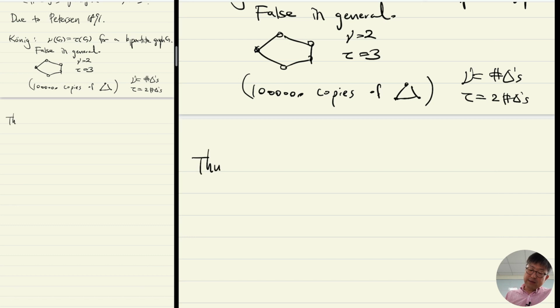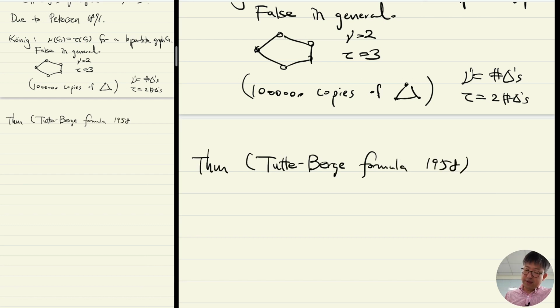But here's something called the Tutte-Berge formula, which was observed in 1958, so many years after Tutte's theorem was proved, which says that nu is equal to something.